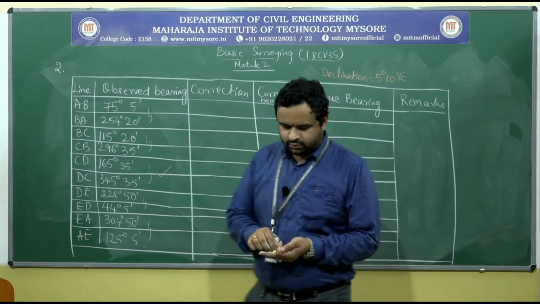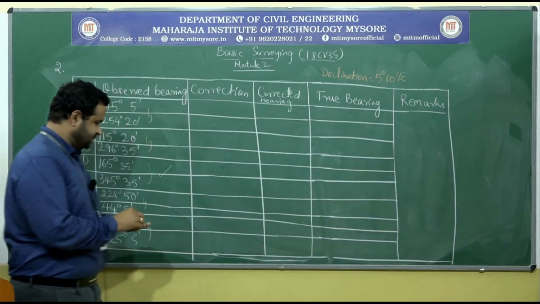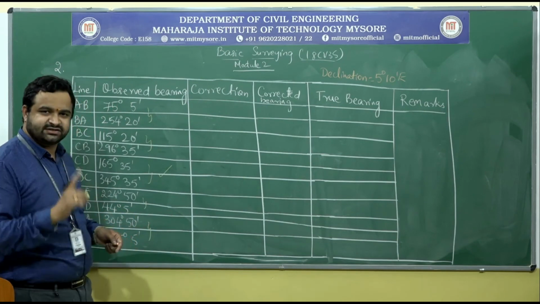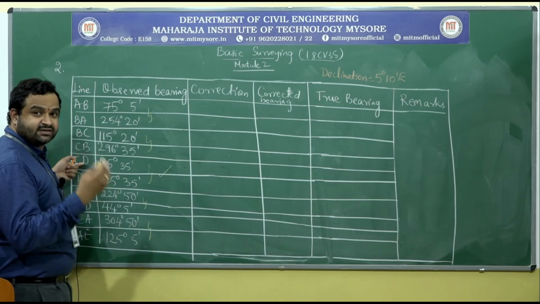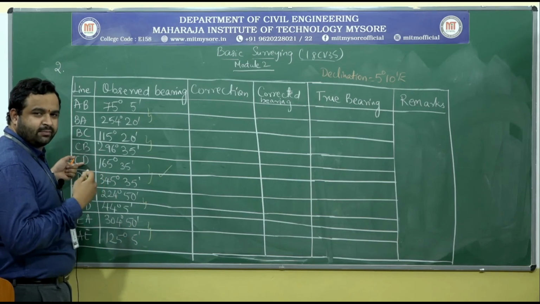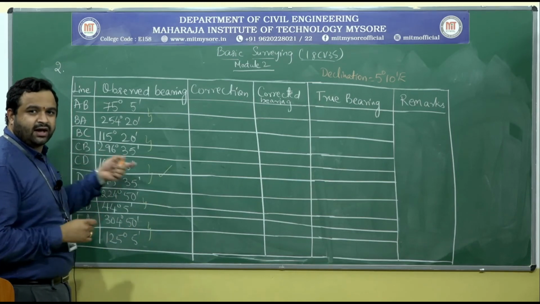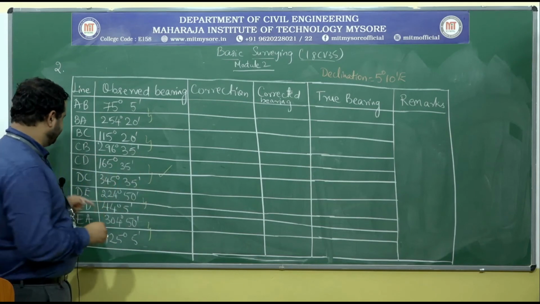So, what you need to do? You should write the corrections, that is station C and station D are free from local attraction. So, whatever bearings are taken from C and whatever bearings are taken from D has 0 minutes correction.